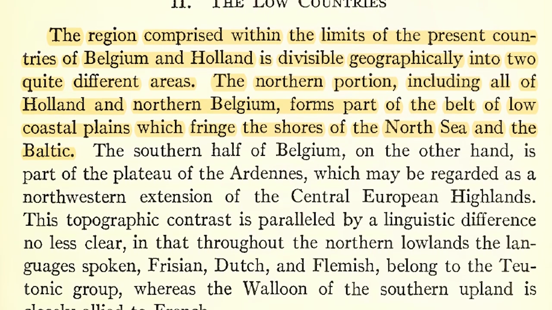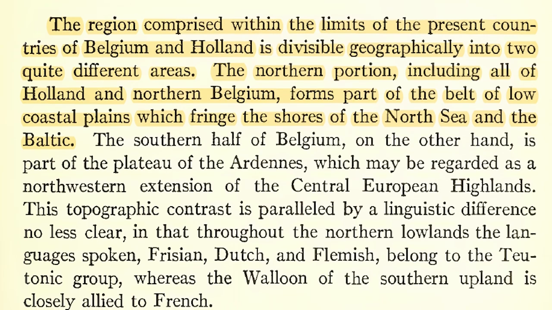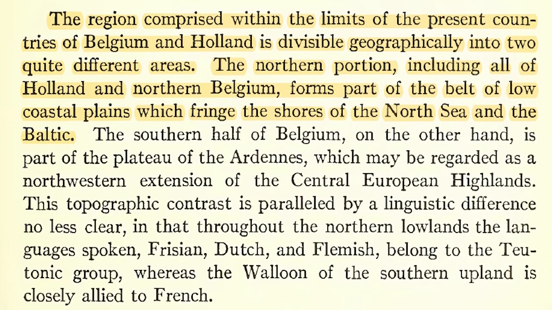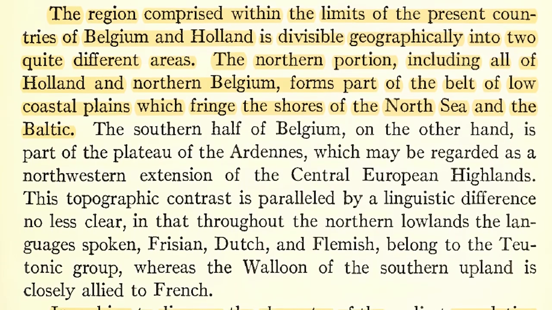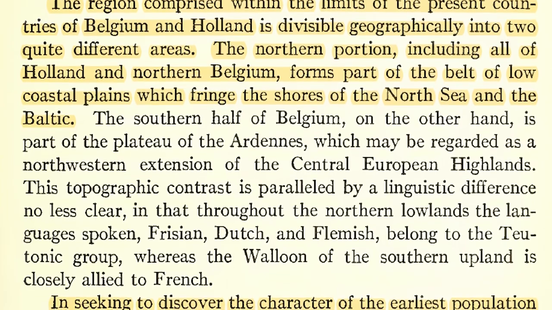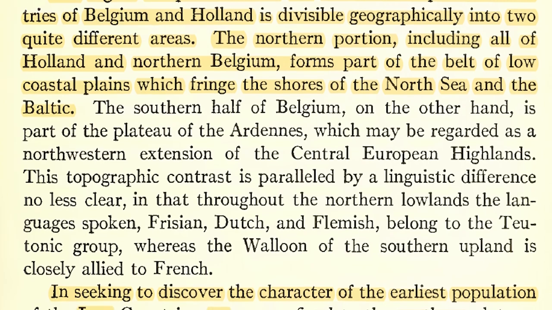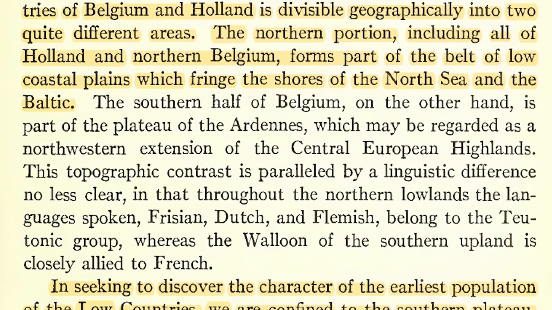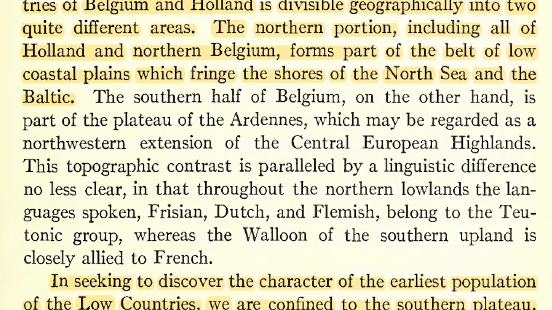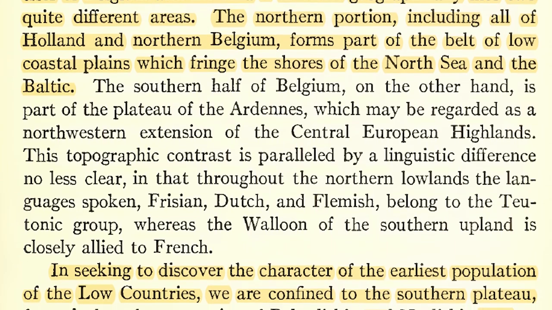The region comprised within the limits of the present countries of Belgium and Holland is divisible geographically into two quite different areas. The northern portion, including all of Holland and northern Belgium, forms part of the belt of low coastal plains which fringe the shores of the North Sea and the Baltic.